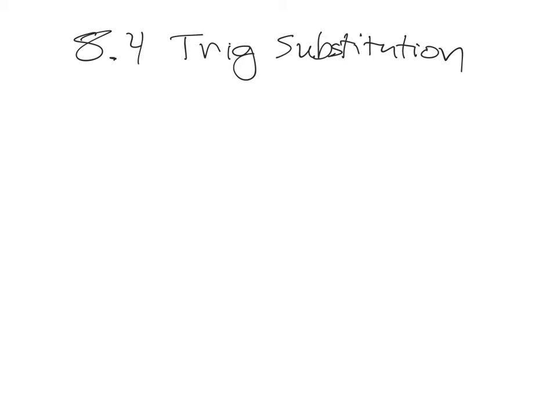Using the trig identities, we can simplify our integral down. So what you probably will want to do, to save a little time on the test, is make sure you have the correct form.